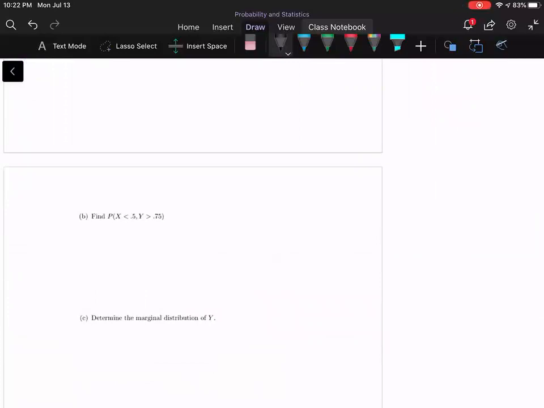Here we want to know the probability that X is less than a half and Y is greater than 3/4. So let's set this up. This is a double integral of 4/3 times 1 minus xy.